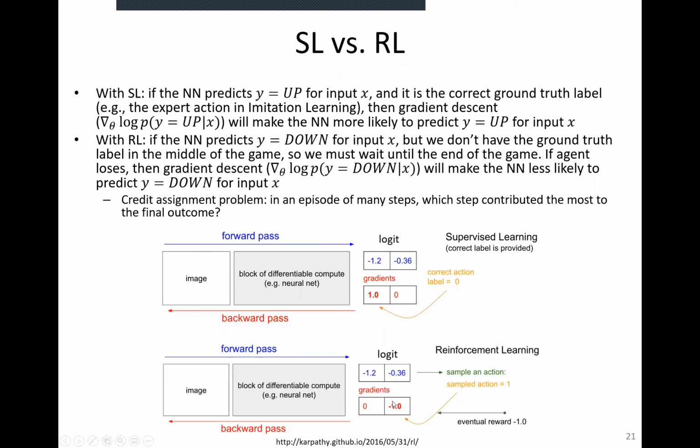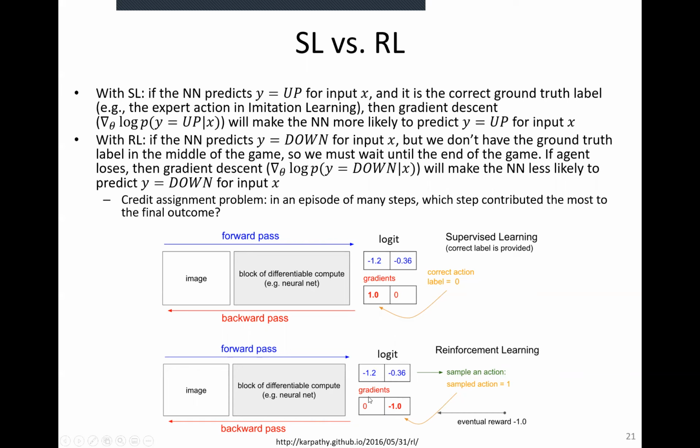Suppose this is the -1 here, indicating that the agent has lost the game at the end of the episode. Then you backpropagate this information through the neural network and update the parameters to make the down action less probable in all the states.